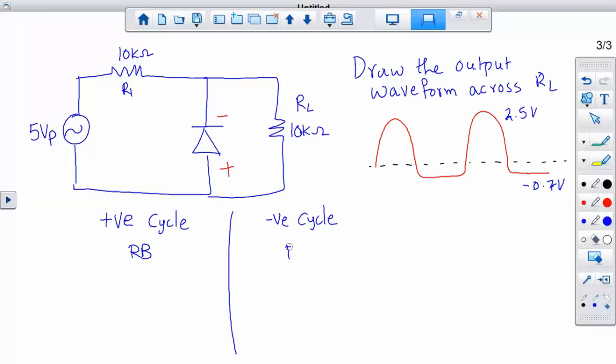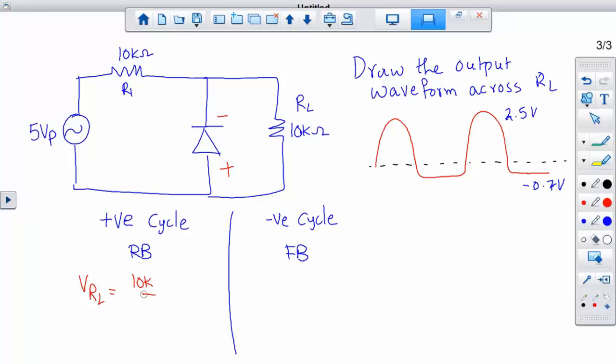Subsequently, the negative cycle would make it forward bias. So as indicated prior, reverse bias means we can get rid of the diode, which makes the given circuit a complete series circuit. So the diode will be completely gone.